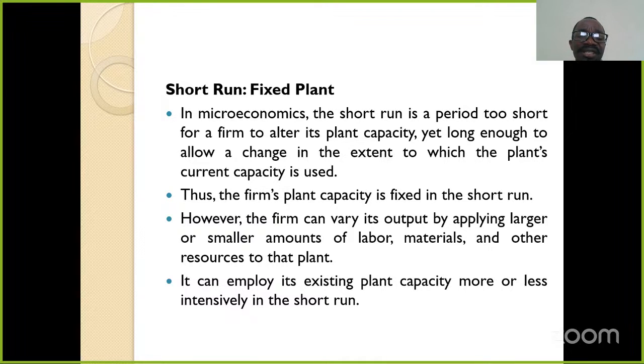You can increase the number of employees, you can use shifts, but the plant remains fixed in short run. And the output varies with the varying of some variable resources, for example, the labor, materials, and other resources that are put into the production.